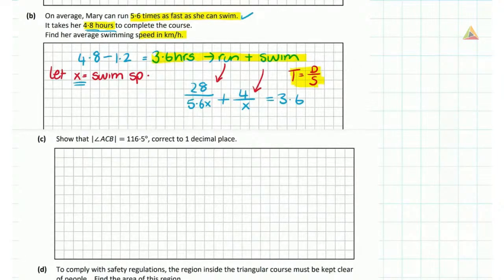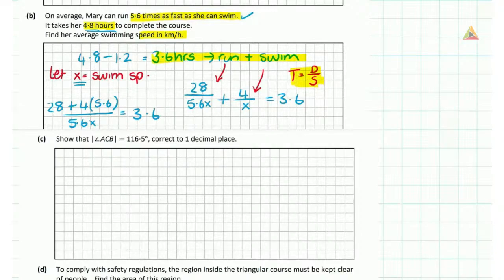And how we're going to solve it is we're going to look for, first of all, a common denominator. So you can see from the left-hand side there, your common denominator of the two fractions is going to be 5.6x. And what you're left with on top is 28 plus 4 times 5.6, and on the right hand side we've got 3.6.